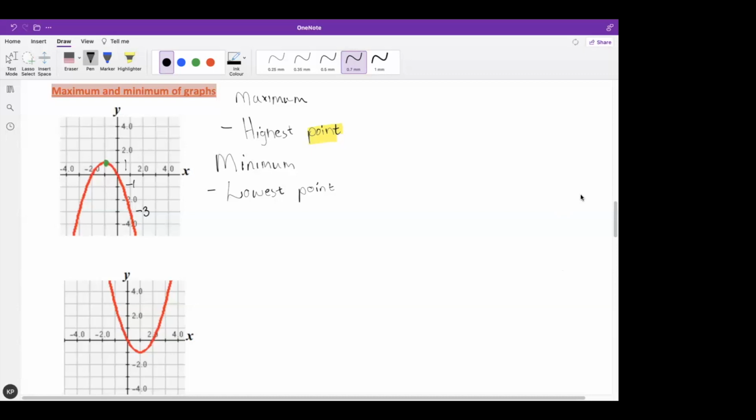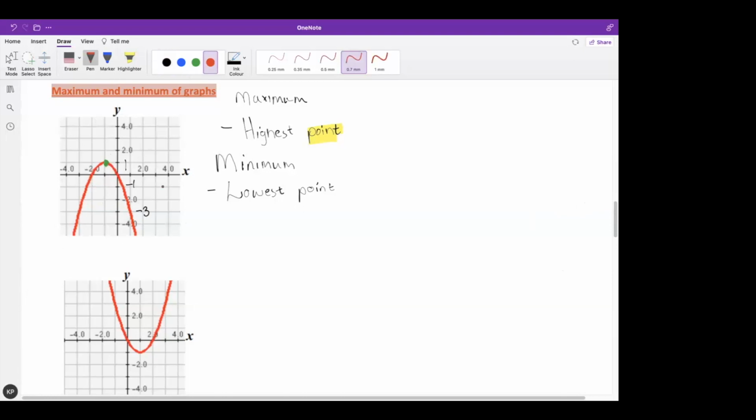Oh, it's a maximum. Yes. Don't be sorry, guys. That's why we're here to learn, right? So in this specific graph, that green point will be the maximum, because that is the biggest y value you will ever get from this graph, because it turned around and it's going the other way, right?